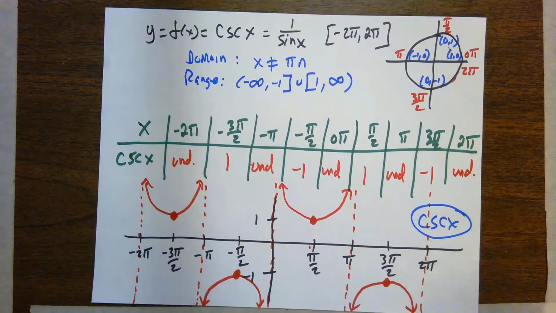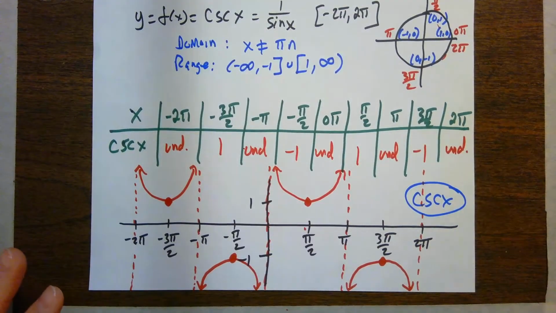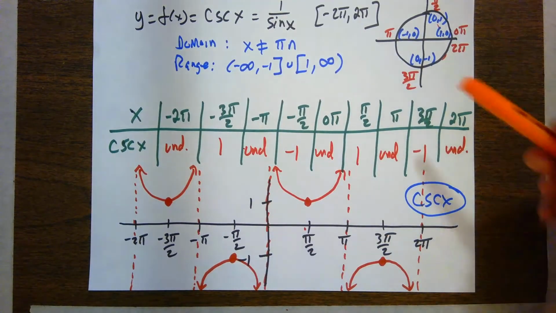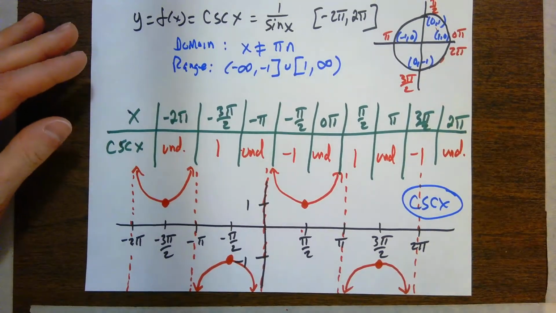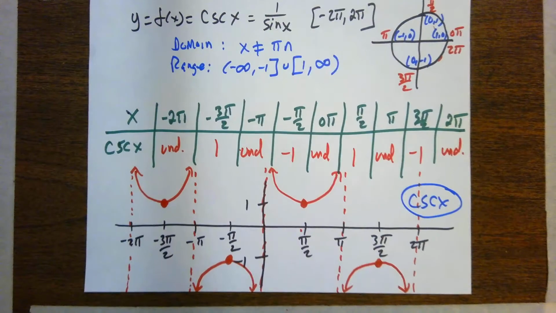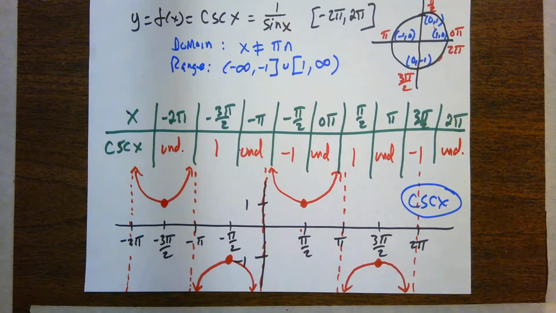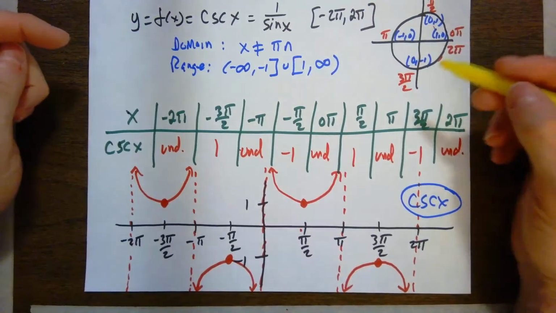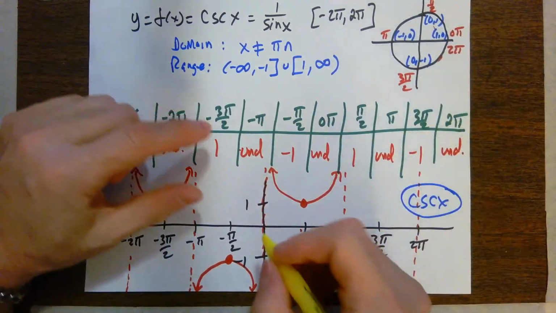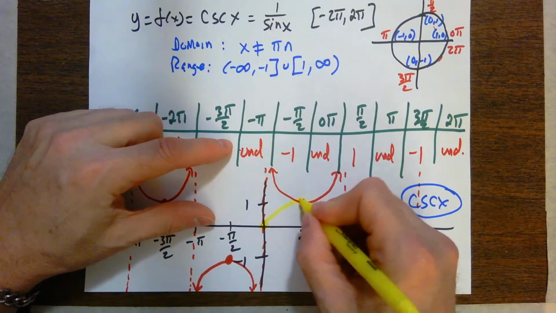All right, there they are. Now, I said I was going to do something a little bit extra here. I don't know if I want you to do this in your notes, but I just want you to watch this. So I'm going to start with cosecant. Now, cosecant is 1 over sine. So here is cosecant. What I'd like to do is graph sine on top of this.